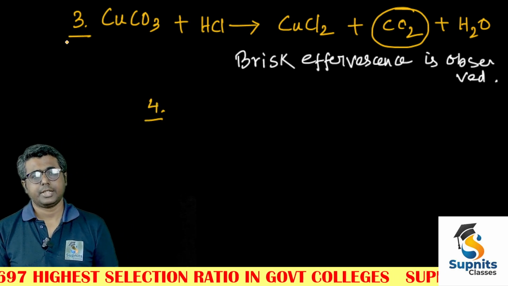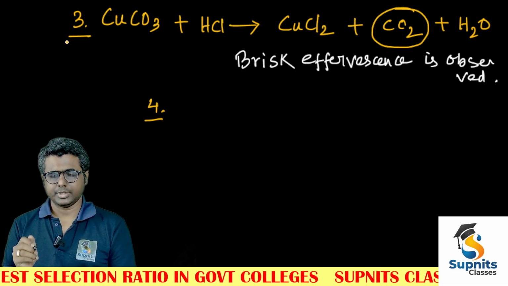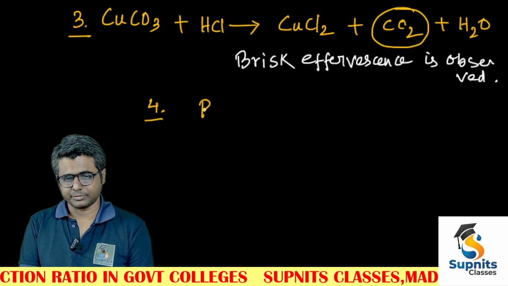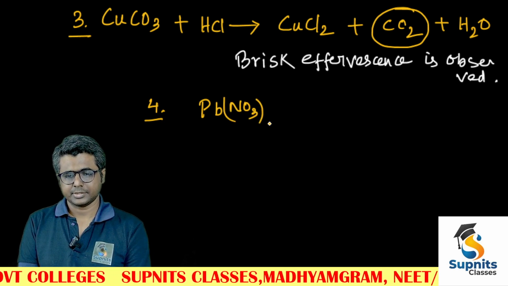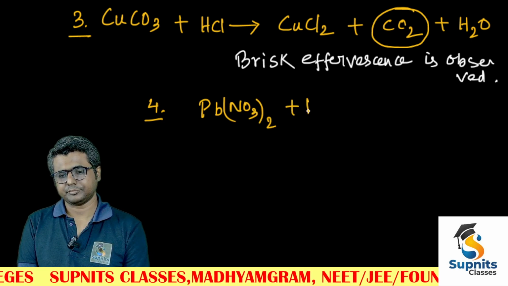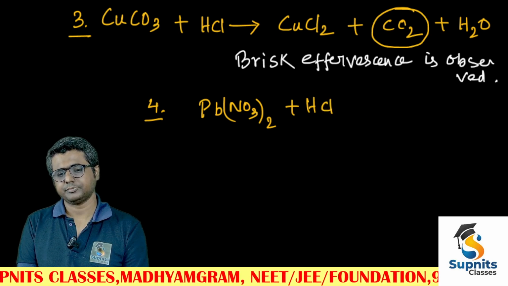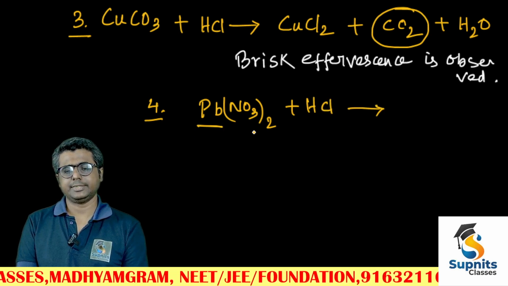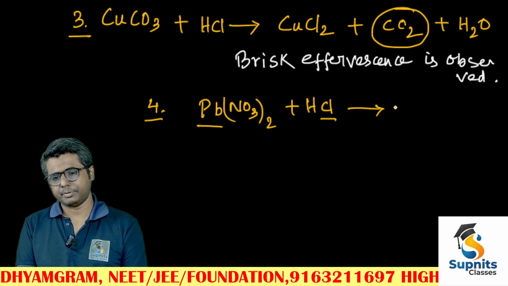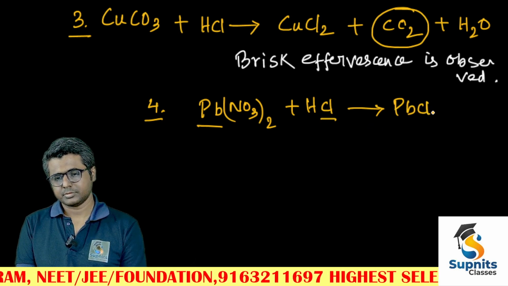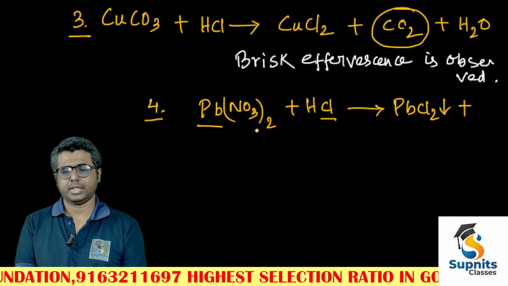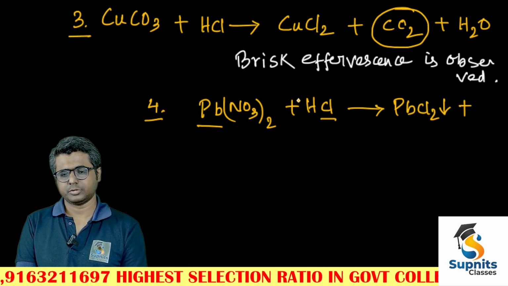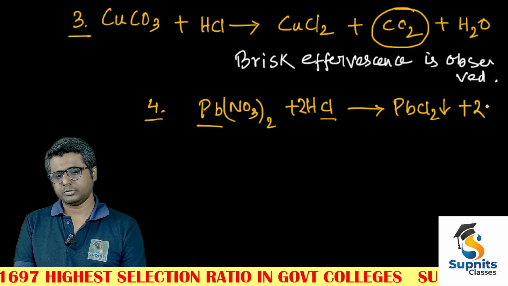Next is another important one, lead nitrate. Let us go for this one. Lead nitrate with HCl. Let us see what is formed. So, here lead is there, here there is chloride ion, so it will be PbCl2, which will precipitate, and along with that 2 molecules of HNO3 will be formed.